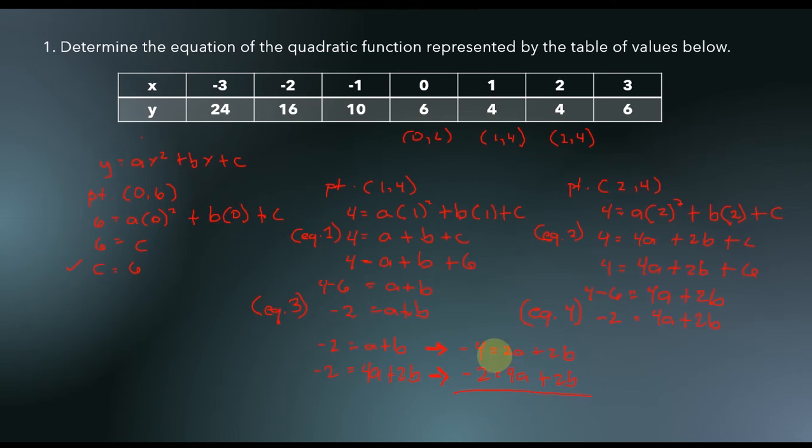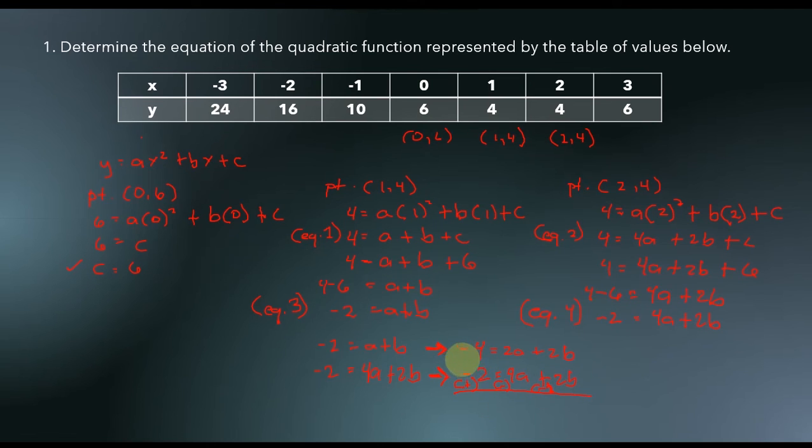Now we need to subtract equation 4 from equation 3. If we're going to use subtraction, of course, this negative sign will become positive, and the 4a becomes negative, and this also becomes negative. So we can easily solve for this.